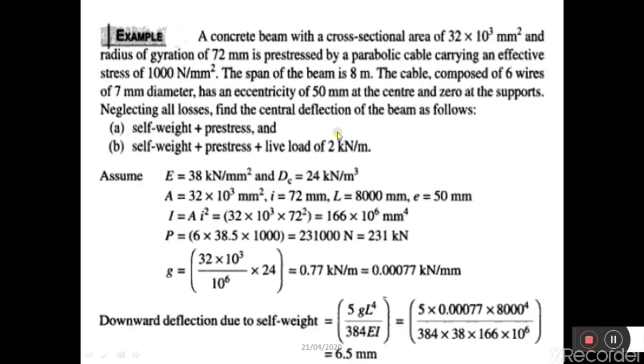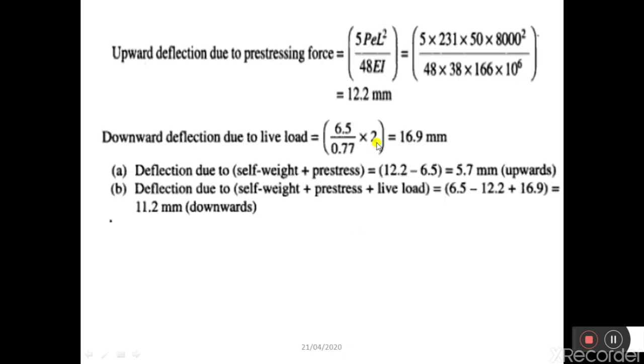The self weight of the member is 0.77 kilonewton per meter, and the deflection due to it is 6.5 mm. Then what will be the deflection of the beam for 2 kilonewton per meter live load? That will be equal to 16.9 mm.